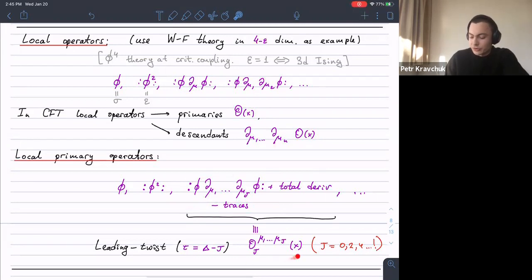Now denote these operators by O_J with indices mu_1 to mu_J, and their importance is that they have leading twist, in other words, they have the smallest scaling dimension for a given spin. And for example, the case J equals 2 is the stress tensor operator.